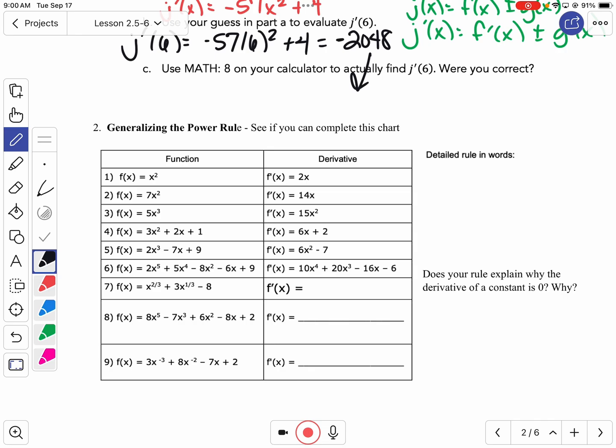If we follow our rule, you guys said that we put the exponent in front. If there's a coefficient there, what do we do with that exponent? We multiply, so that doesn't go away. We put the exponent in front, and I like to say multiply by any coefficient.